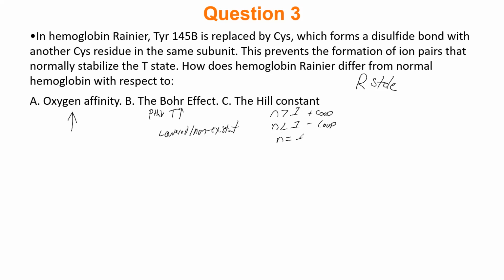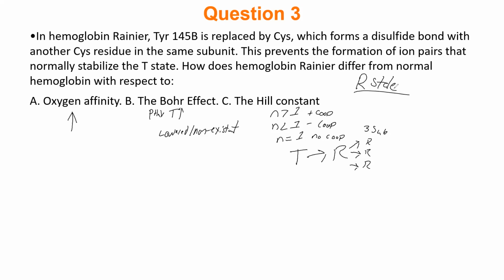N equals 1 is no cooperativity. And we talked about how hemoglobin has cooperativity because upon binding oxygen, a subunit goes from the T to the R state, and this is transmitted to the other three subunits. So the other three subunits will go to the R state as well, making them more likely to bind oxygen.